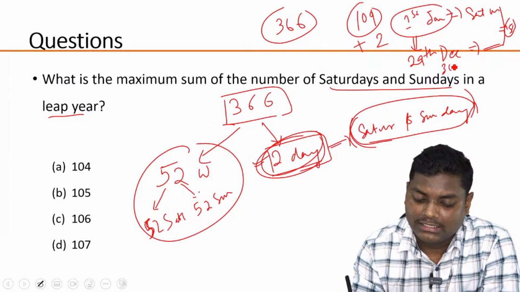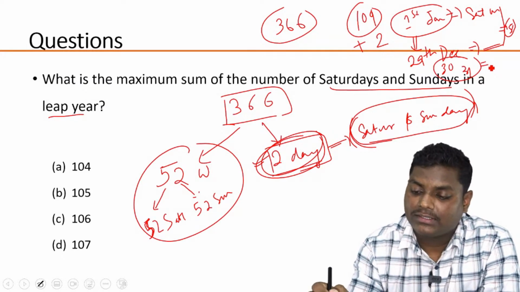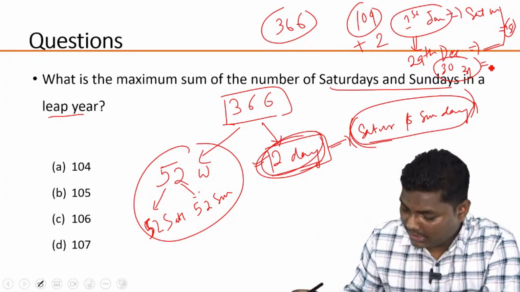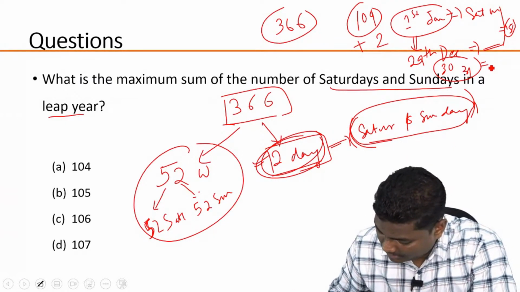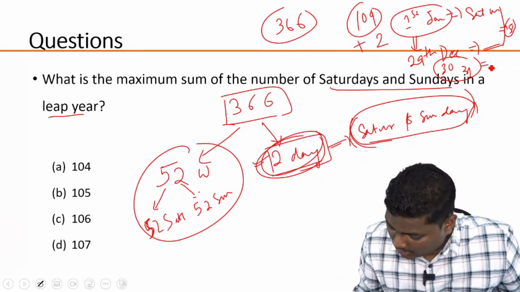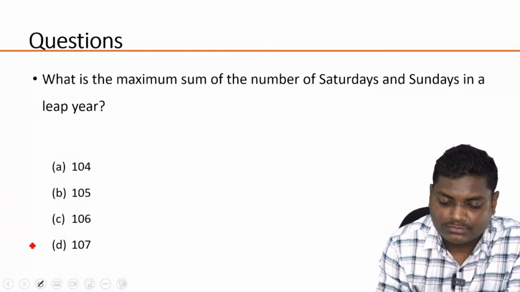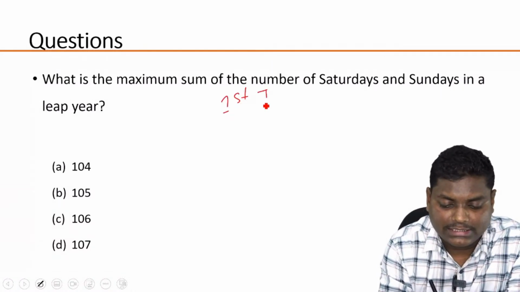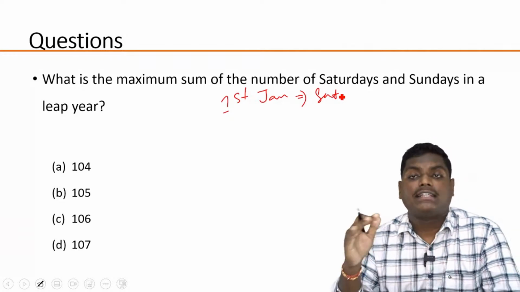So this 30th and 31st, you can again have this. Okay, Anupam, I'll explain again. See this. First of all, let's start with 1st Jan. I'm just giving you an idea. Let's start with Saturday, since we want maximum Saturdays and Sundays.